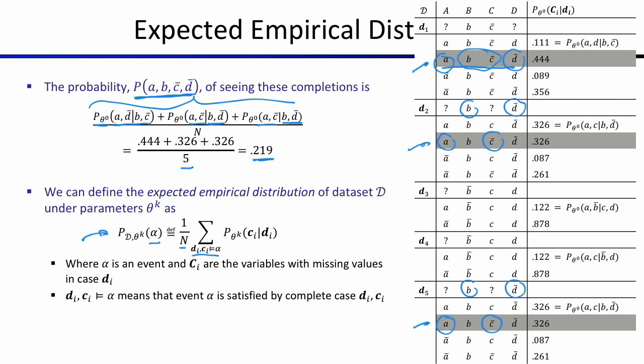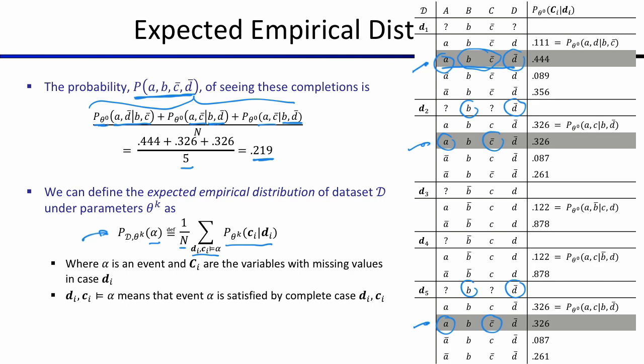And we compute this probability here that depends on the Bayes network and the current parameters that we have. So it's going to be the probability of CI, the variables with missing values that we completed, given DI, the variables that were already complete and present in the training set.